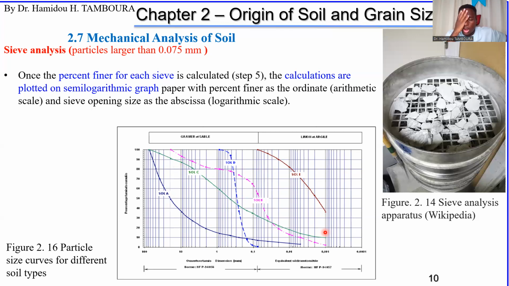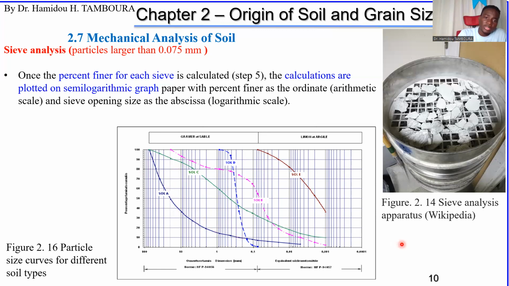If you have, let's say, a truck that drops soil on your construction site, each soil sample you take from that soil should give you the same curve. So this curve is telling us a lot about the soil actually.